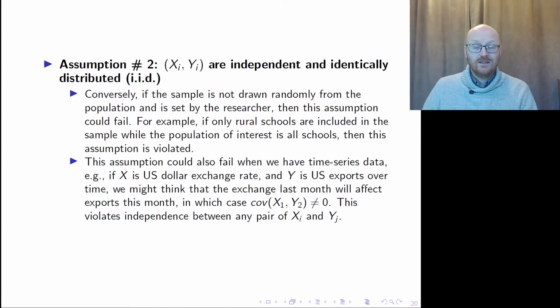This means that this assumption is violated, and we will look into this problem when we get to the time series analysis. So basically, assumption 2, if you can make a rule of when the correlation or the covariance equivalently is different from 0 between certain parts of the data, then this assumption is violated.